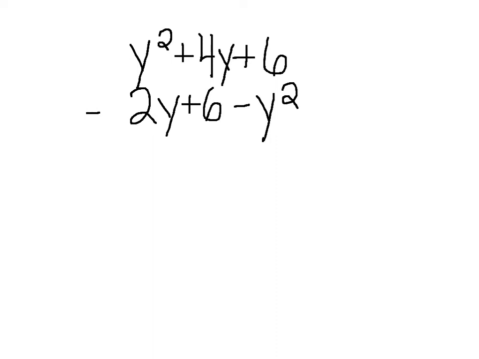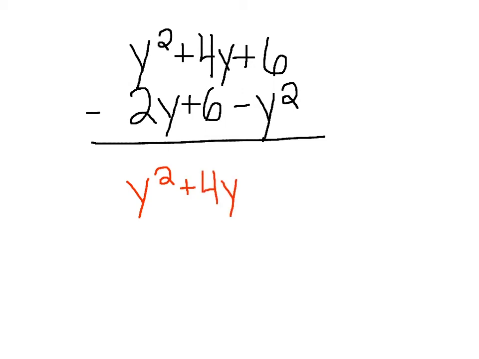Let's take a look at another example. I want to subtract these two polynomials, but what do you notice? Hopefully you're thinking to yourself, well, they're not lined up according to like terms. Very good if you were thinking that, because this is a problem. So we're going to rewrite it, y squared plus 4y plus 6.